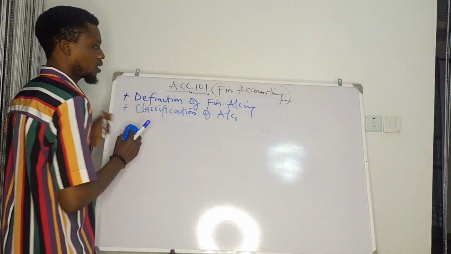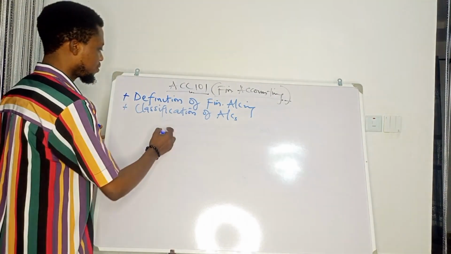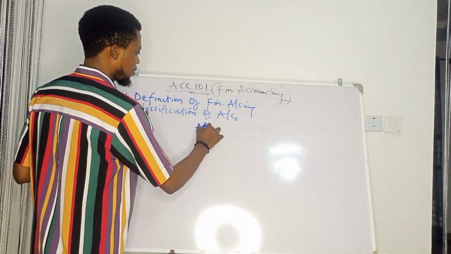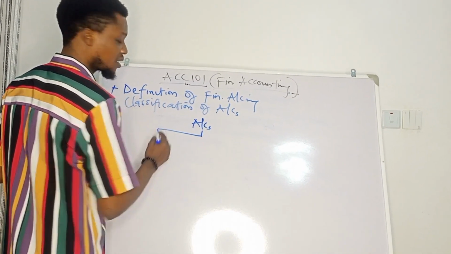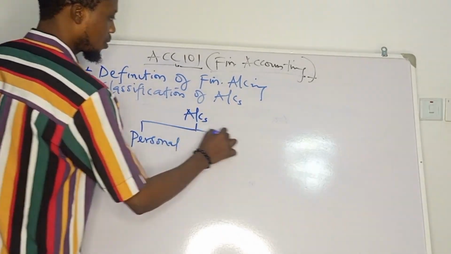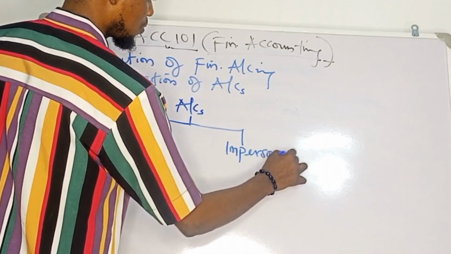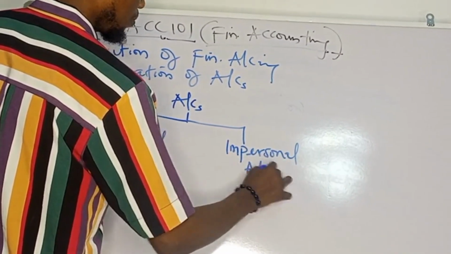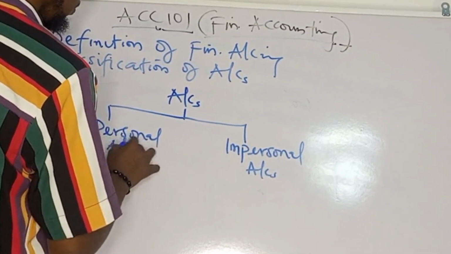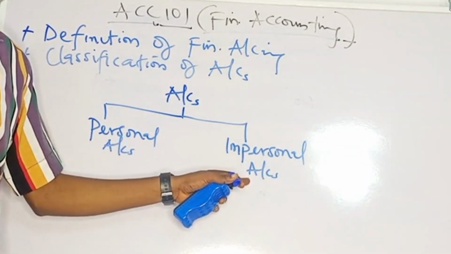Now, accounts are classified into two. We have the personal accounts and we have the impersonal accounts.